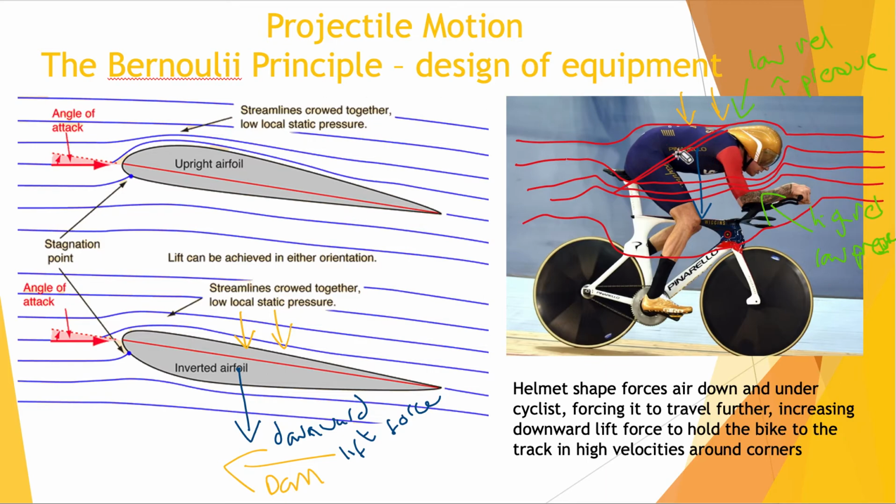So instead they've got a flat back by having a high seat, and also the shape of the helmet creates this flat top of the cyclist and then rounded underneath of the cyclist. And it's creating this additional downward lift force, which helps the cyclist stick to the velodrome surface, and it means that they can attack the corners at high velocities without skidding outwards.